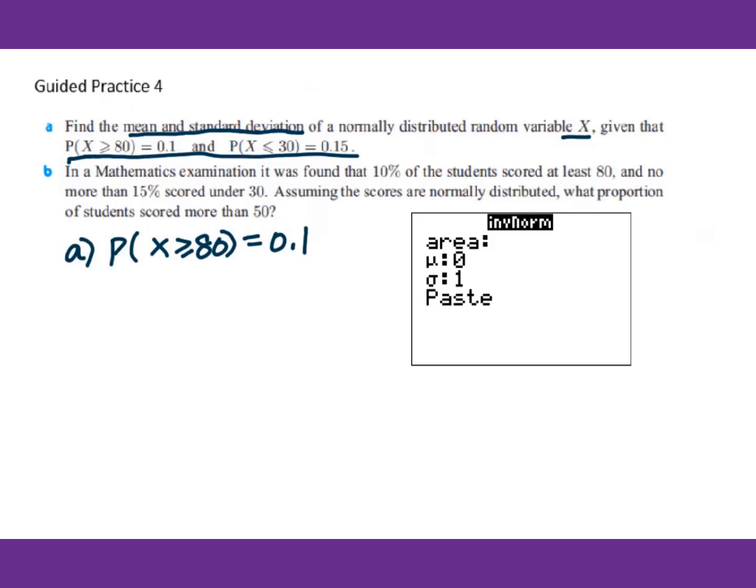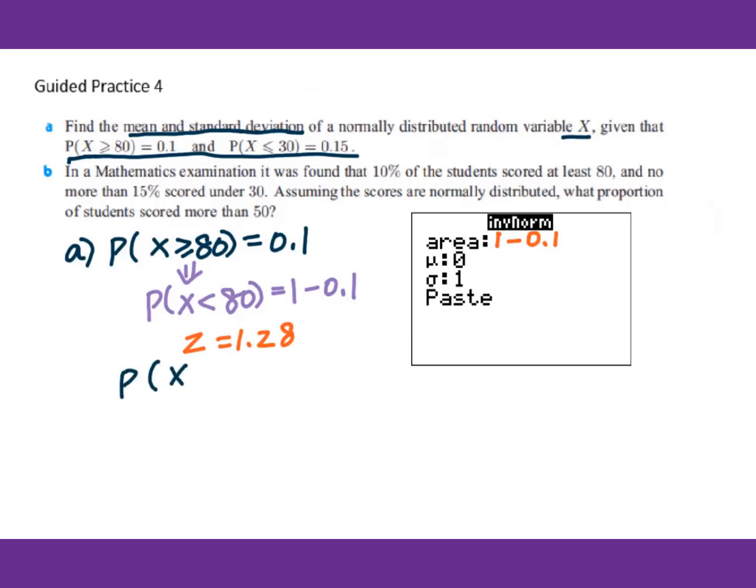You have to change it into the probability x less than 80. That will be 1 minus 0.1. Then you can get the z-score. We put 1 minus 0.1 for the area. Then put it into a graphing calculator, and you will get 1.28.